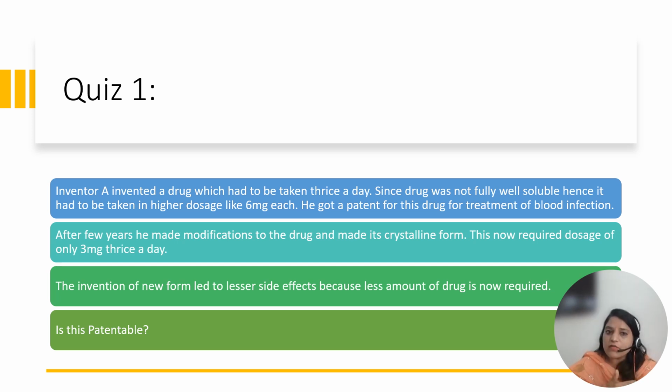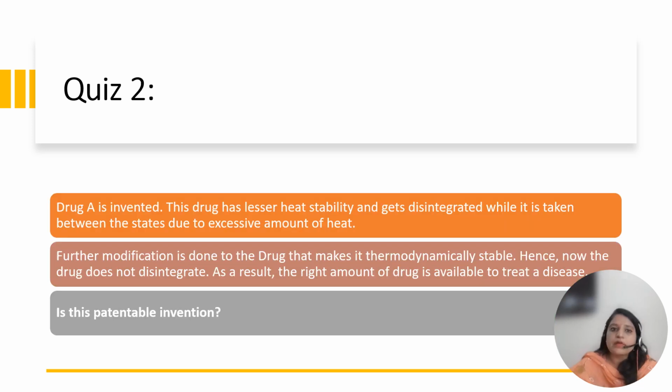And therefore, instead of taking 6 mg, the patient is now required to take only 3 milligram of the drug. So because of the lesser amount of drug that is now required to be ingested, the new form led to lesser side effects. Okay, so the question is: is this patentable?